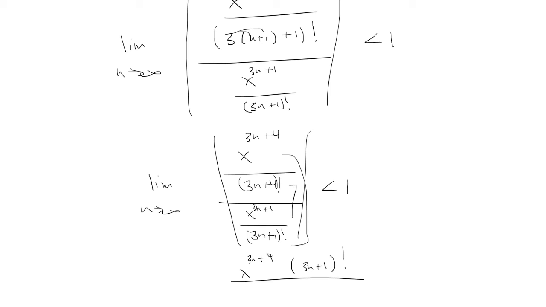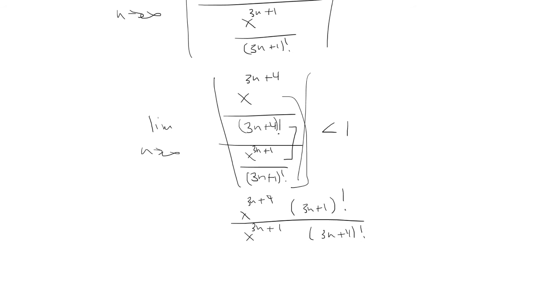Then we'll multiply these middle two, and we're going to make sure that x goes first. And then we'll have the absolute value, and then the limit as n approaches infinity, being less than 1.